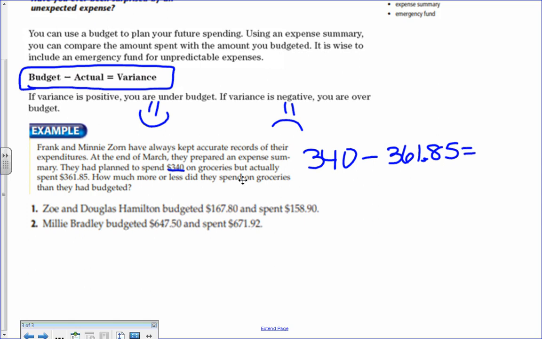If you actually type this into your calculator, 340 minus $361.85, it will come out negative $21.85. So we are over by $21.85. So we are over budget, frowny face, because we're negative.